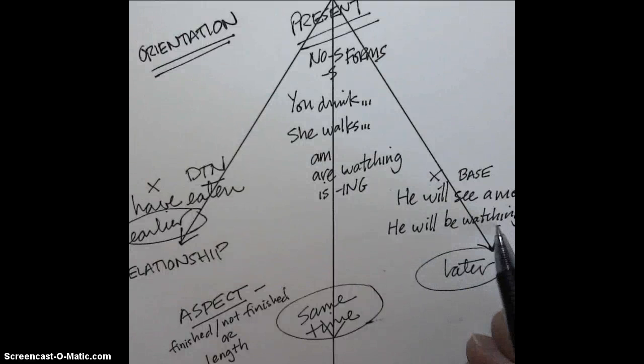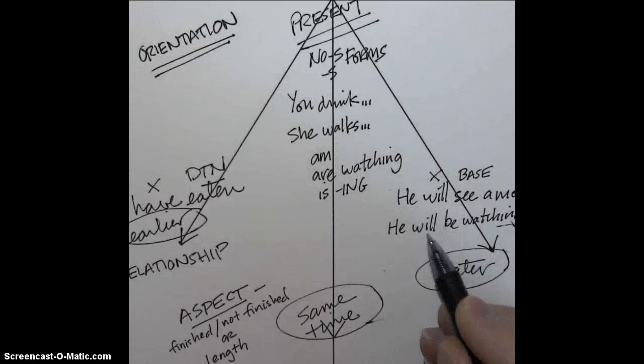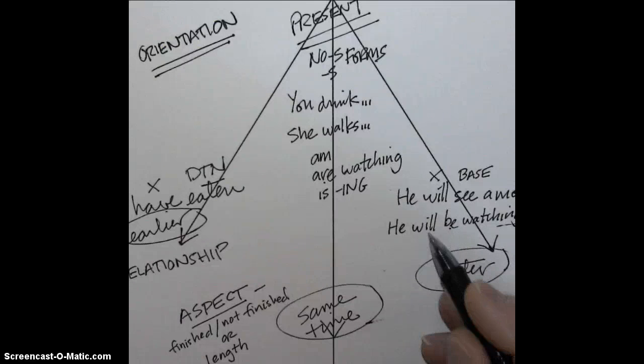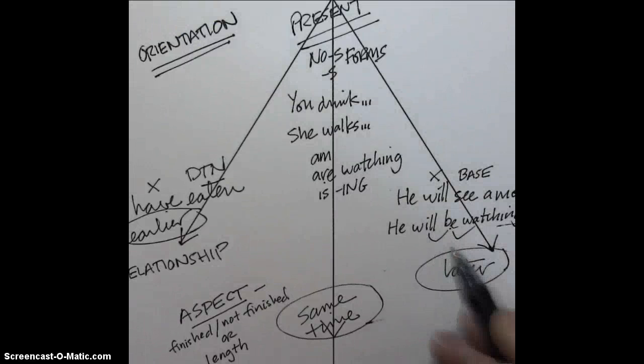The ing shows me that the action's not finished, and we always need to tie some form of the X word will with the base form, and that's what we're using, the base form be. So basically, we could say that there's 3 ties here, or 2 ties. Well, 3 ties because will also ties with the present. But at any rate, you get the idea of how it works.